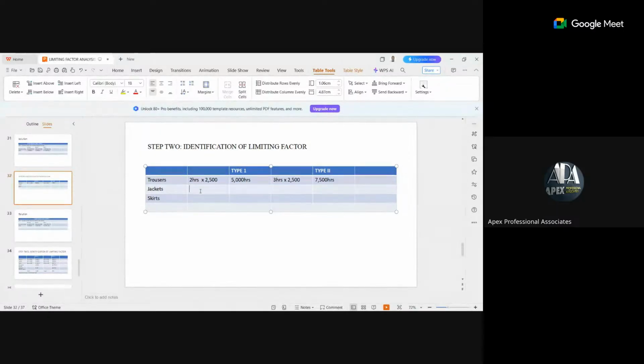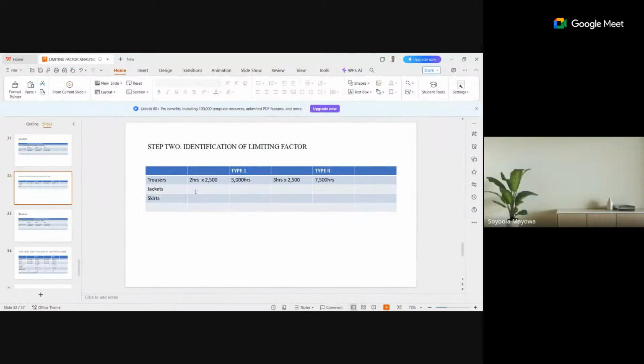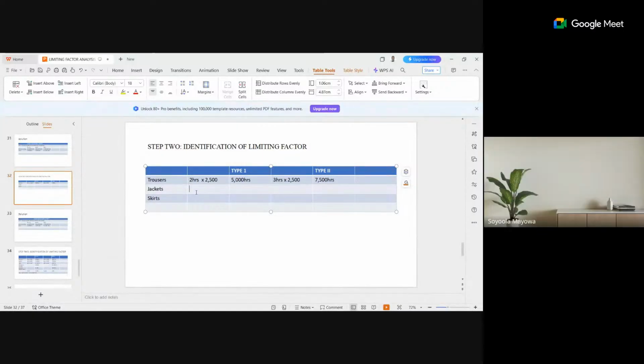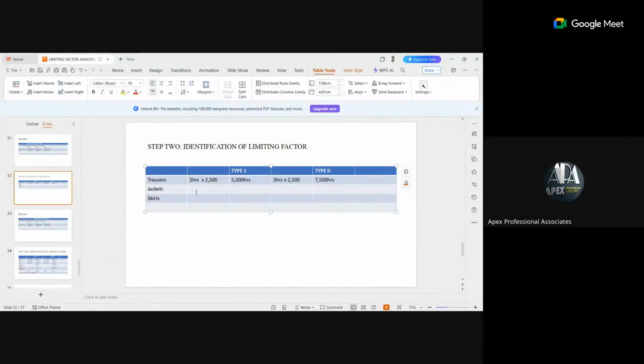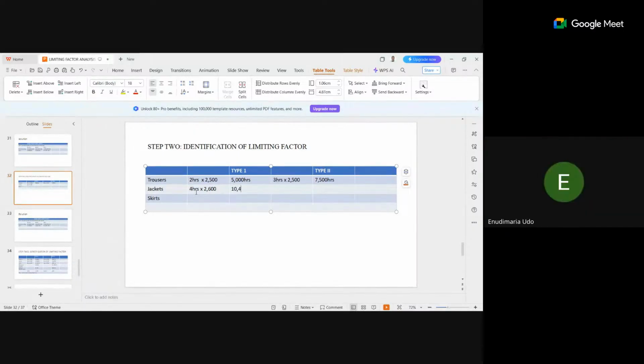Now, for jackets, how many units are we producing? 2,600. How many hours do you need to produce one? 4 hours. Multiply by 2,600: 10,400 hours.